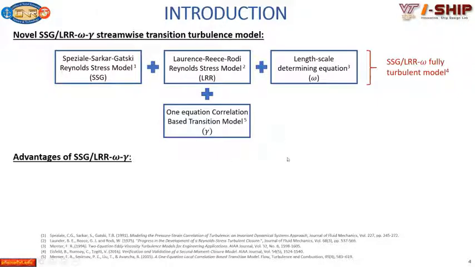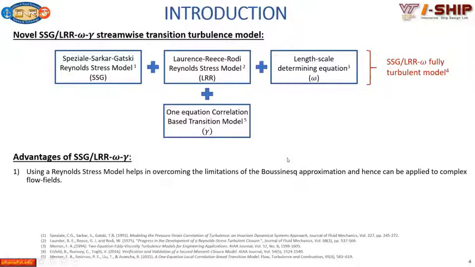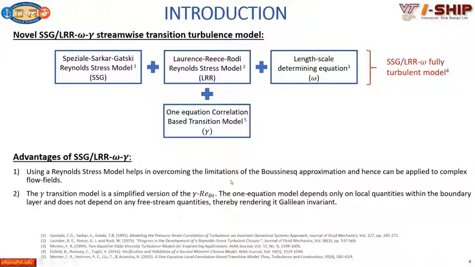The advantage of this model is that, first and foremost, it uses a Reynolds stress transport model for its fully turbulent formulation. And this helps in overcoming the drawbacks of the Boussinesq approximation, and in turn helps in approximating complex flow fields better, since this model ends up calculating all the components of the Reynolds stress tensor. The second advantage is that the gamma transition model is a much more simplified version of the gamma Re theta model, as mentioned in the previous slide.